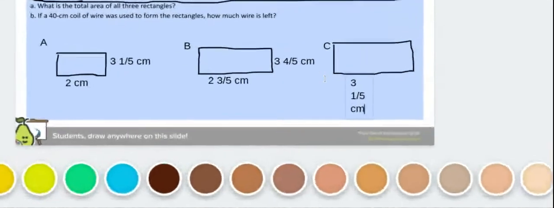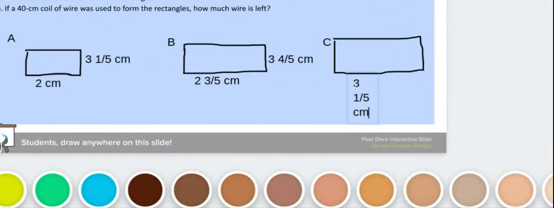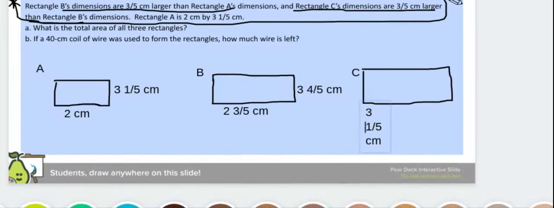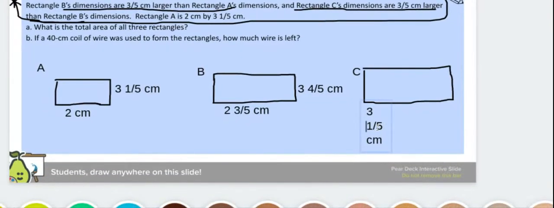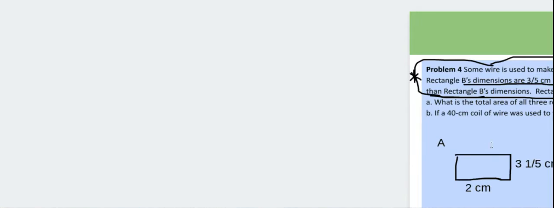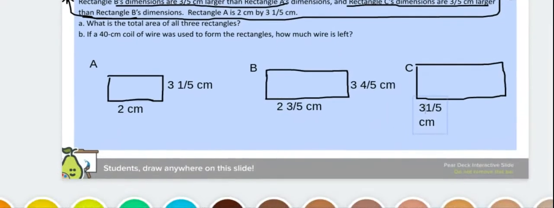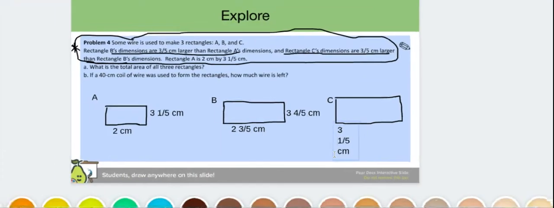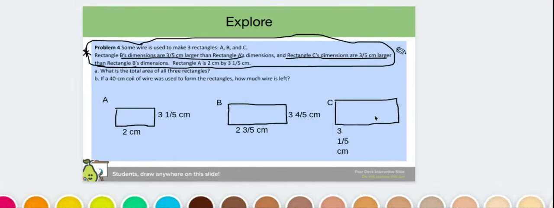Now I just want to fix this up. Sorry about that. There we go. Okay. Now we need to see the width of rectangle C. So the width of rectangle C, again, has to be 3/5 bigger than this.